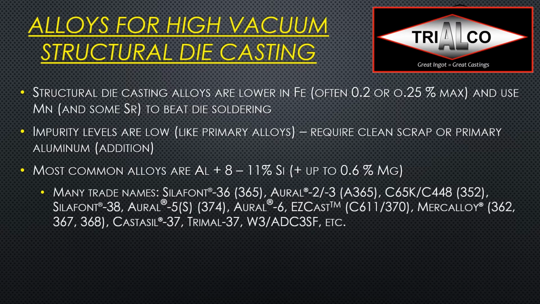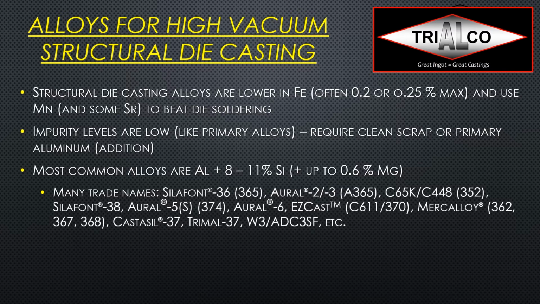You very often see brand name alloys, but you don't have to use the brand name. Most of them are registered with the Aluminum Association. So you have the Silafont 36, which is the 365 alloy, or the Aural 2, which is the A365, or you have the Aural 5S, which is the 374 alloy.